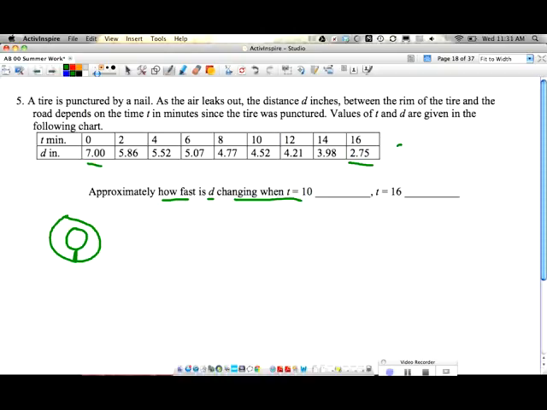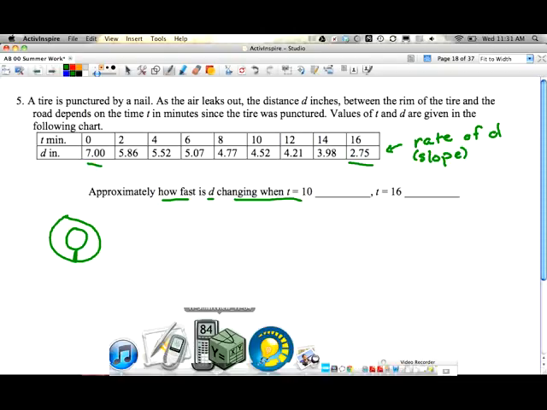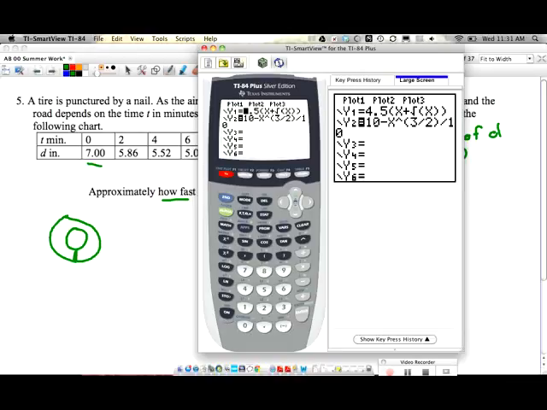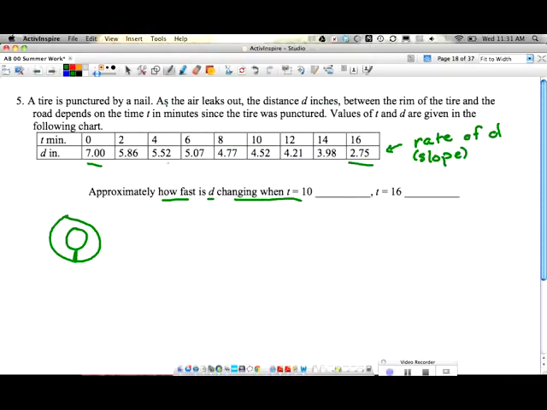So we got to put in another function. I'm going to this time put it on y3. So, wait a second. Do we even have a function? We don't have a function. It says approximately how fast is it changing. Alright. Well, if I'm looking at time equals 10, then I got a window that I'm really looking at. It's right here, 10 and before it and after it.